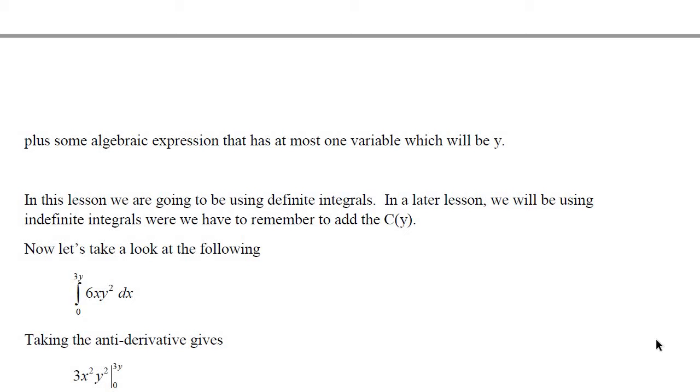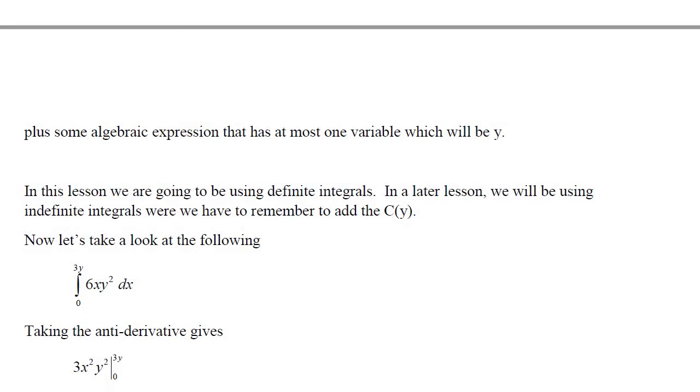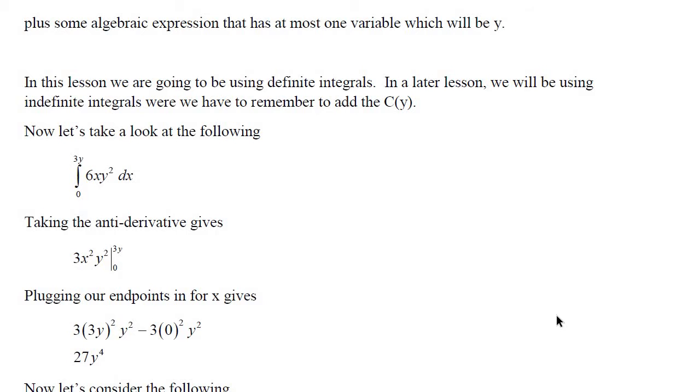So let's take a look at a definite integral. Here we have the integral from 0 to 3y of 6xy squared dx. So we take the antiderivative with respect to x. That gives me 3x squared y squared, and then we have to evaluate this from 0 to 3y.